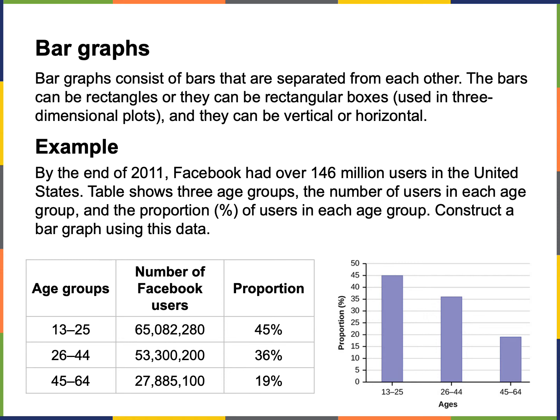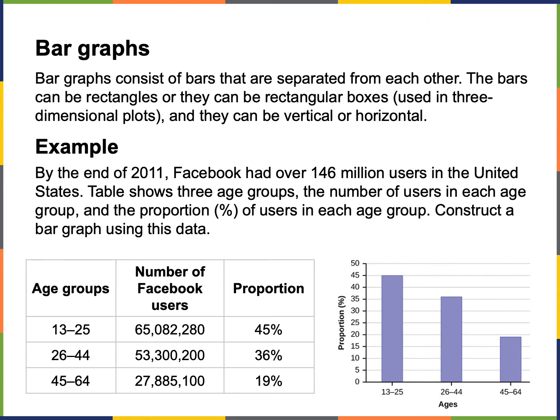From 13 to 25, there's about 65 million. From 26 to 44, about 53 million, and 45 to 64, about 27 million. Here are the proportions: 45% out of the total, 36%, and 19%.